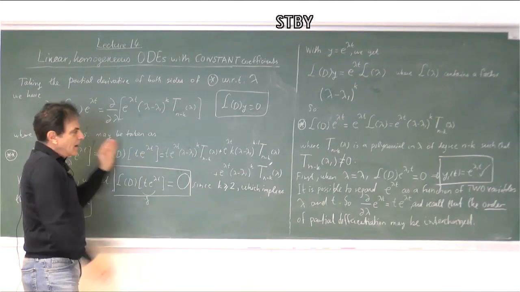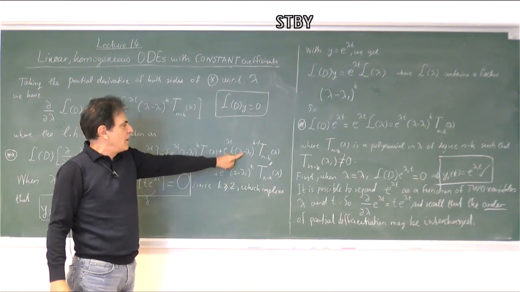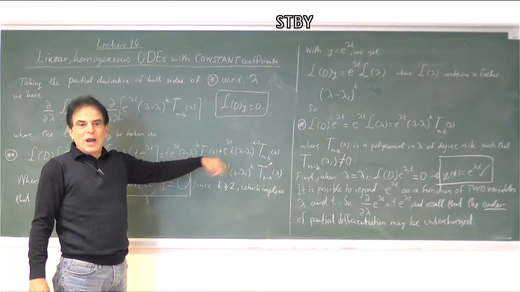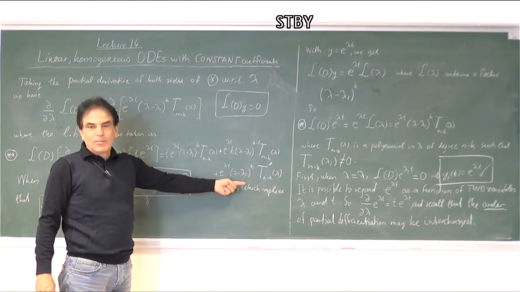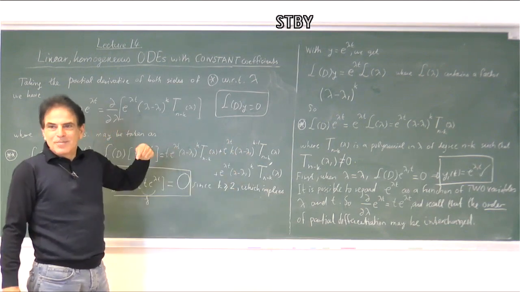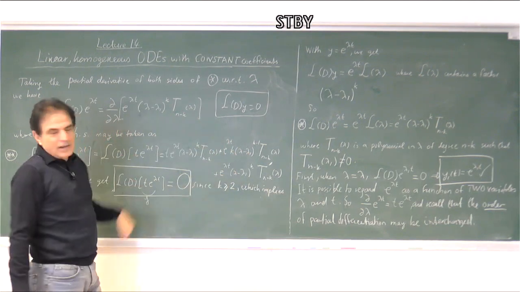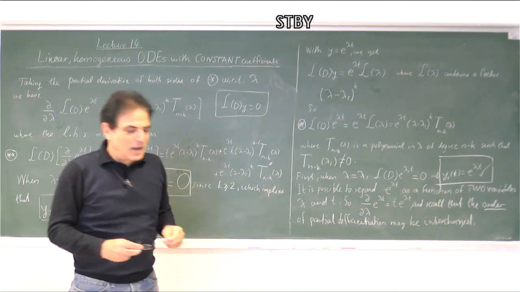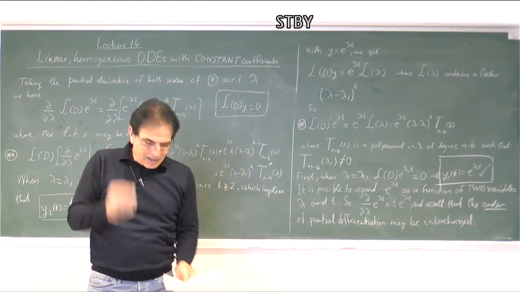And if k is larger than 3, the right-hand side is still 0 when lambda is replaced by lambda 1, implying that t squared e to the power lambda t is a solution. Hence, continuing in this way, we get the required result, okay?